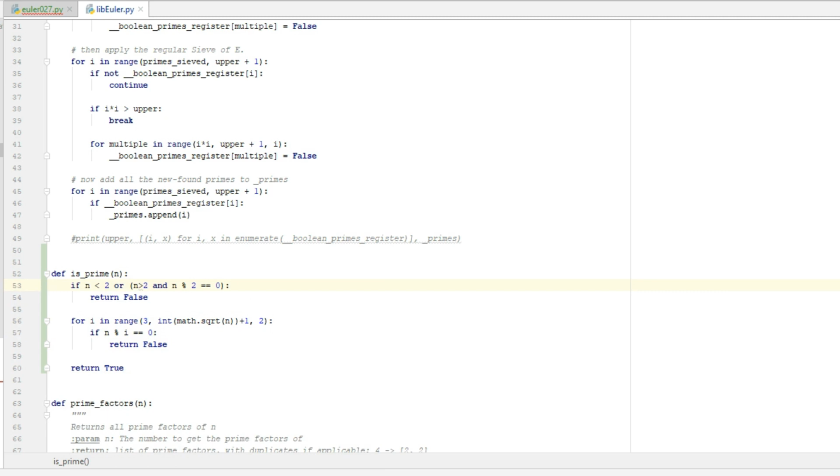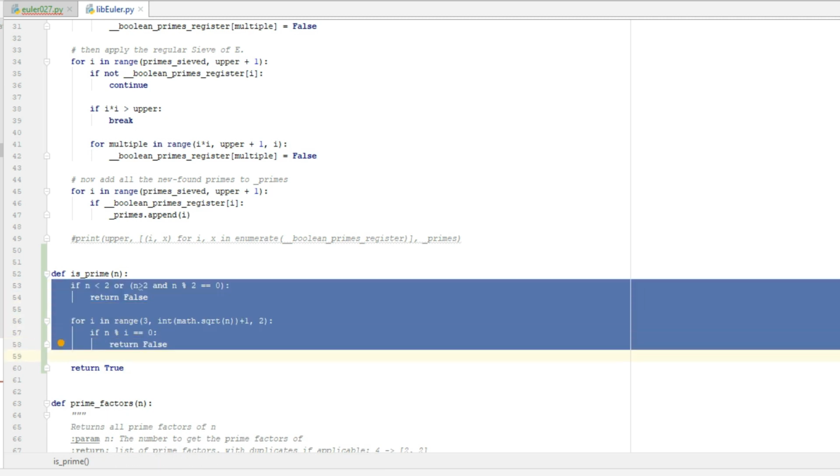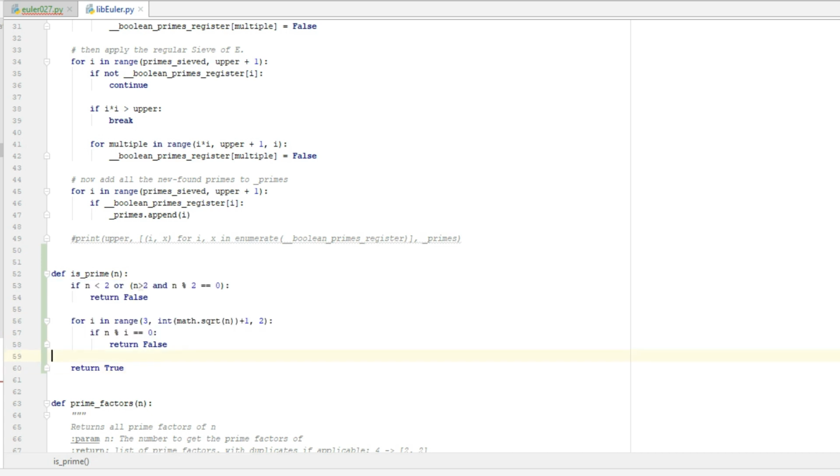I've discussed this method of determining if a number is prime. So yeah, here we are. This should do a pretty good job at that.